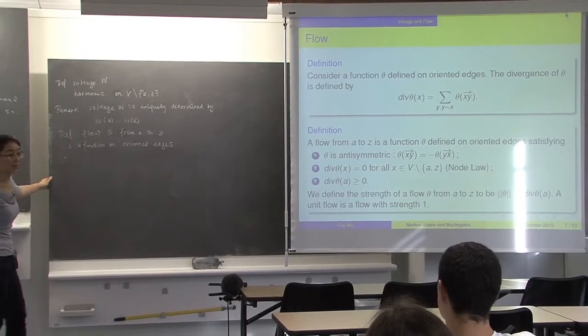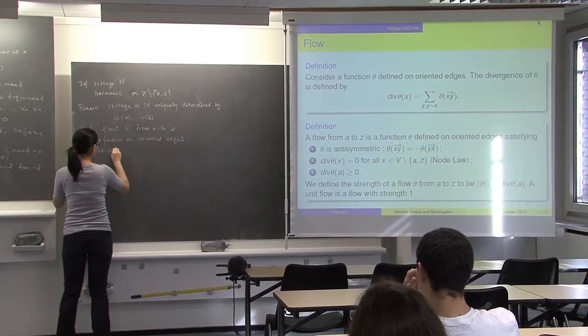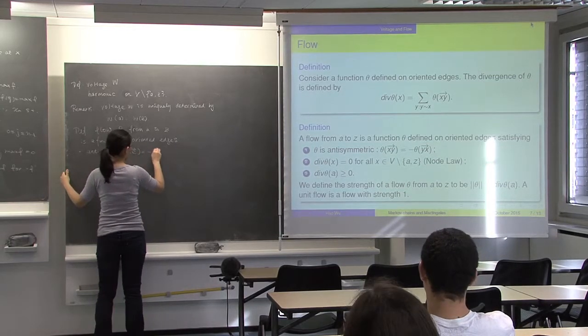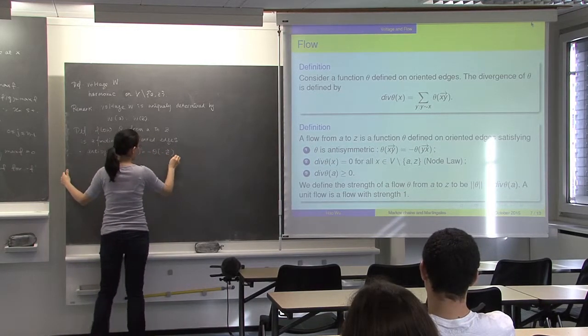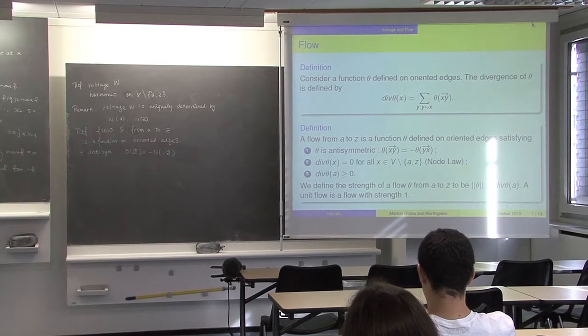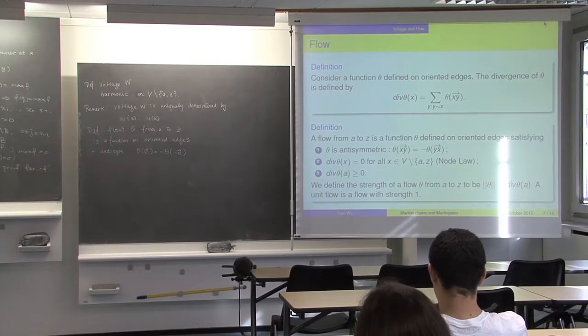First, it is antisymmetric. So if we reverse the orientation of this edge, then the flow is multiplied by -1, antisymmetric.